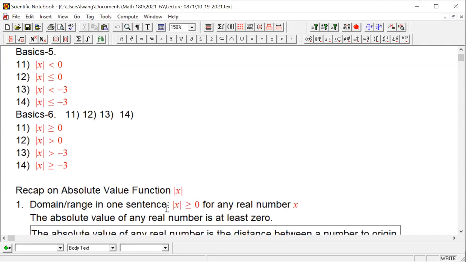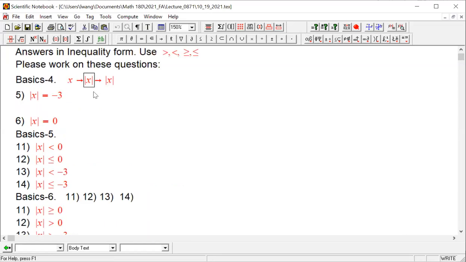Or no? What is that powerful reason you can give us? We reviewed so much about the absolute value function. Your answer is correct, but what's the reason? You want to have a powerful reason for it.